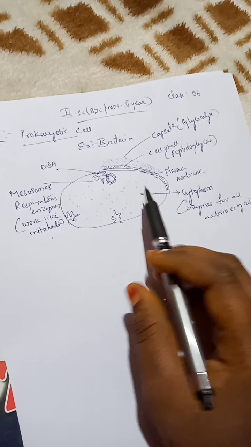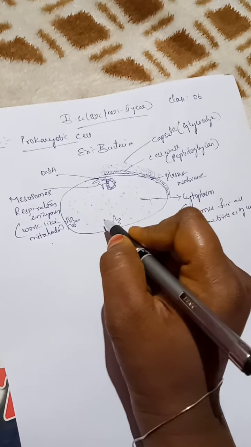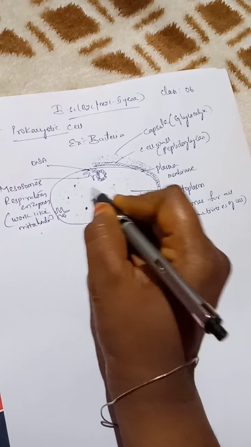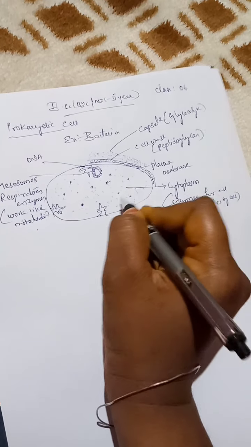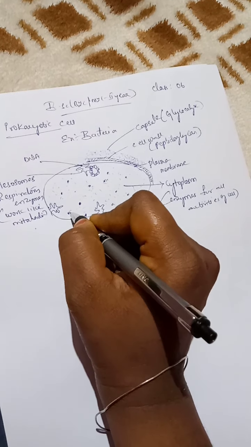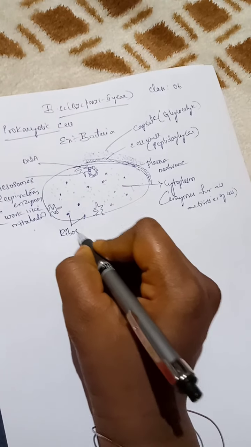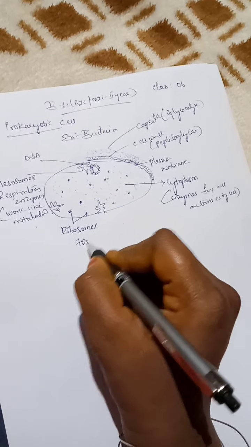Next, the important structure we have to discuss is the ribosomes. In some areas of the cell cytoplasm we can find granular structures, which are called ribosomes. In prokaryotic cells the ribosomes are 70S type.